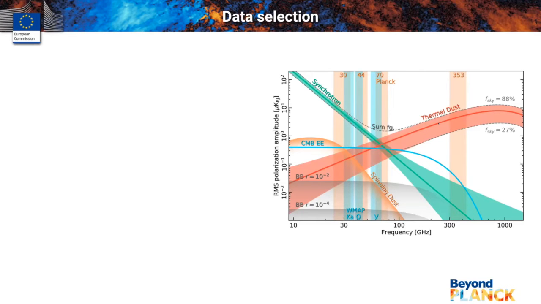So that's why the included bands are, of course, the LFI time order data, and also the Planck 353 channel up on the high frequencies here, and that's for polarization, and for temperature intensity analysis, we use the 857 band to constrain the thermal dust component, the red line here.